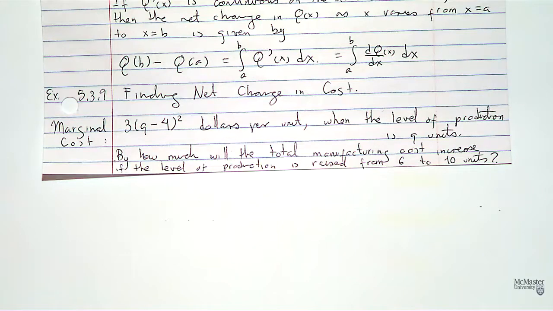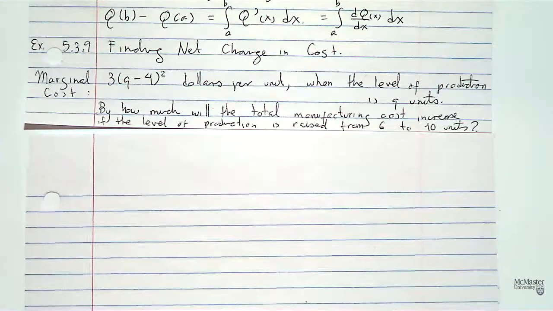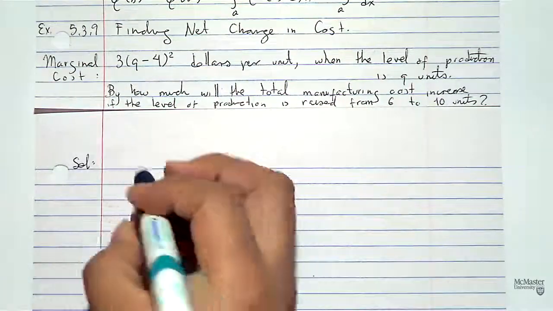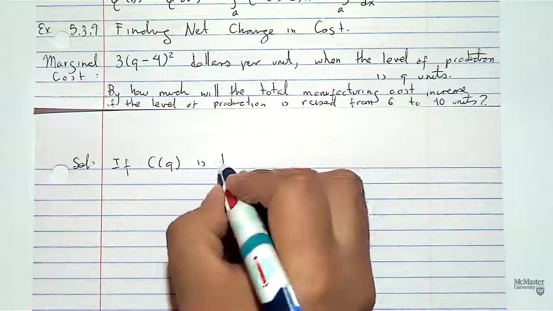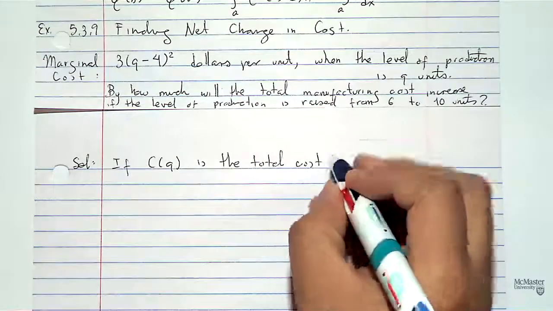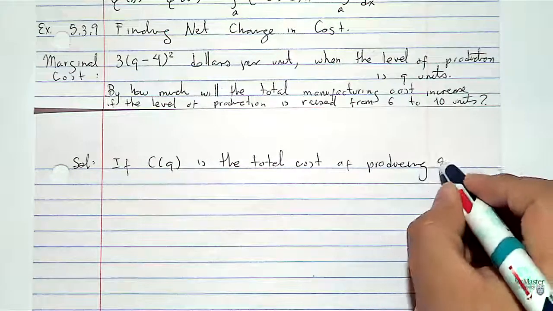So again, the problems are chosen so that you develop your intuition in the topic, and well, you can go straight to the application of this concept. So the solution for this is basically that C of Q is the total cost of producing Q units.